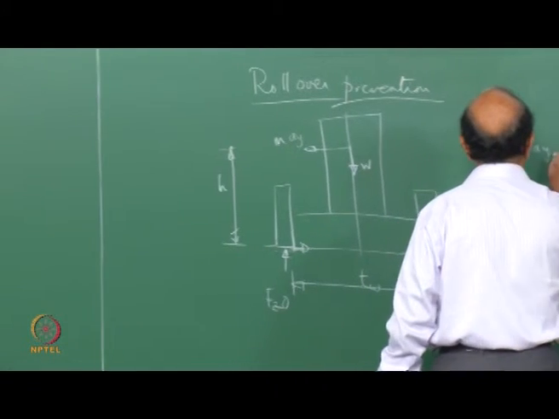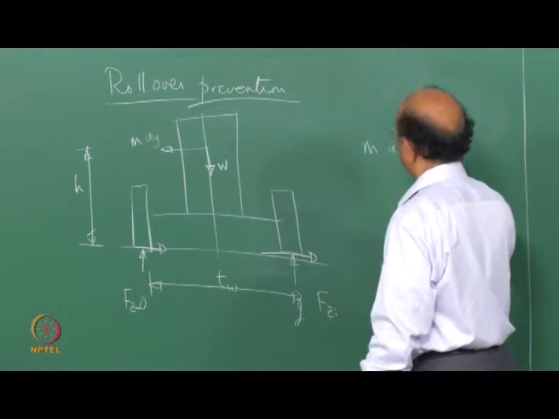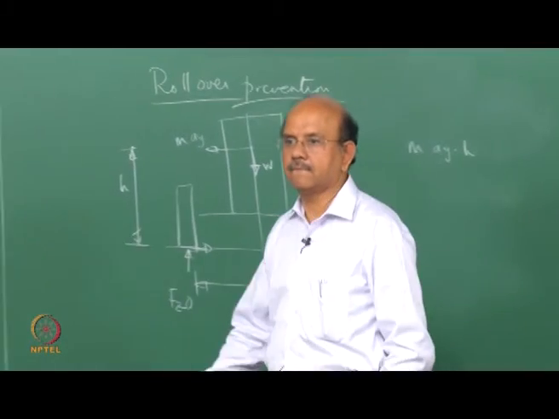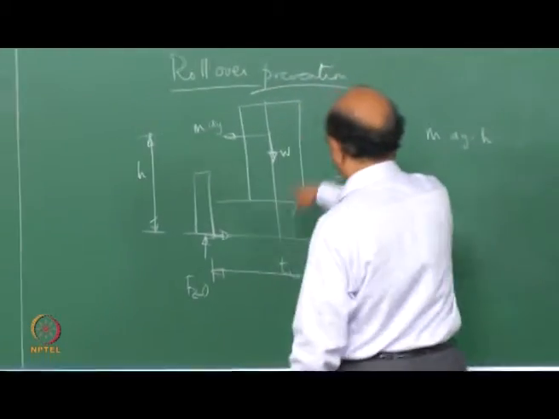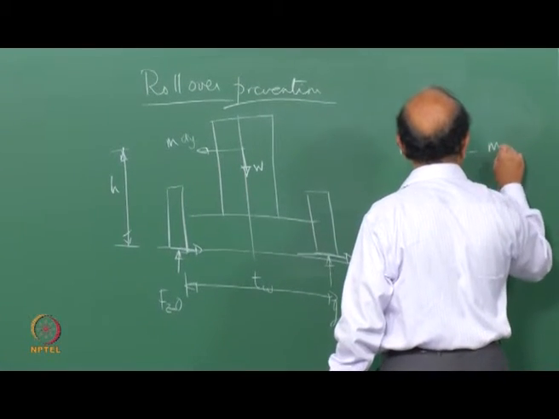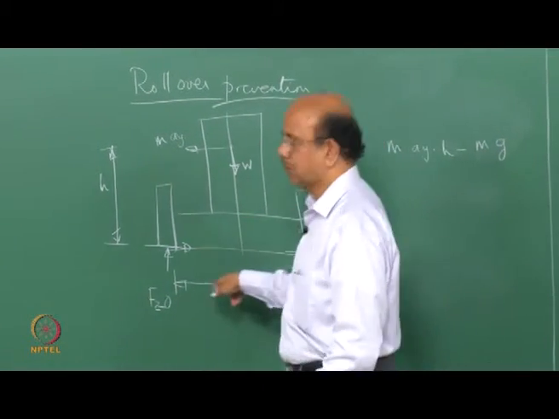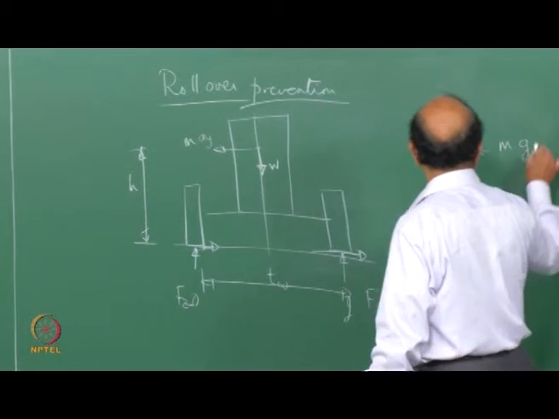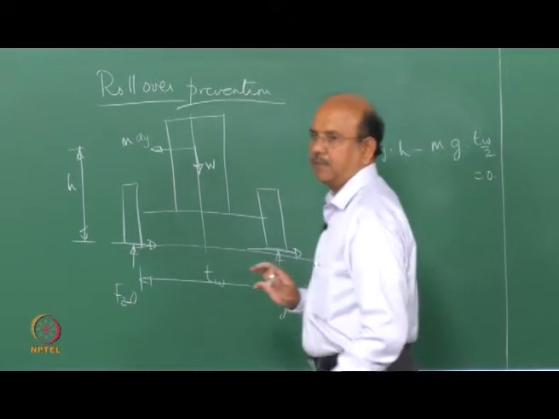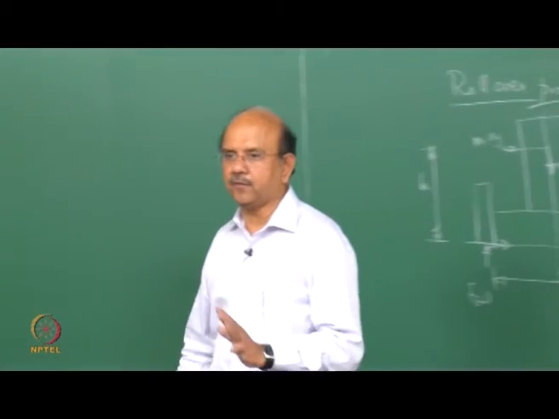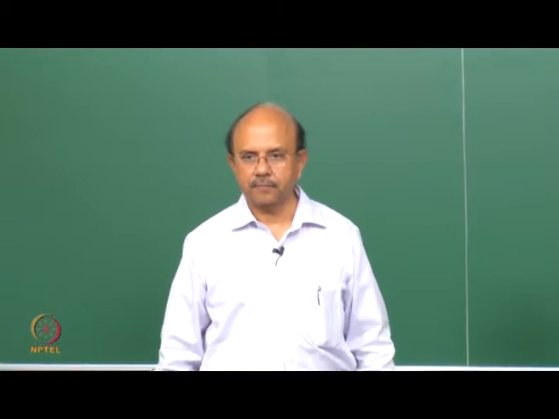M into AY into H minus W, which is M into G into TW by 2, is equal to 0. We talk about steady state, we are not introducing the time derivatives.